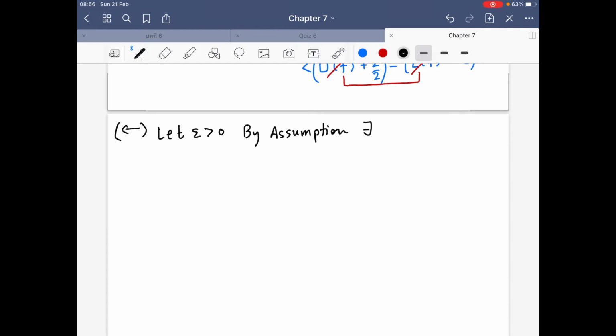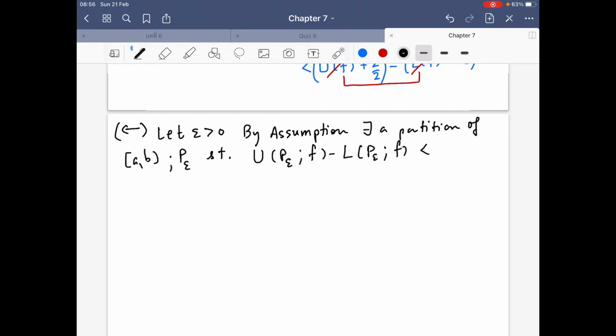So there is a partition of this closed interval, depending on epsilon, such that the difference of the upper sum for this partition and the lower sum for this partition is less than the given epsilon.